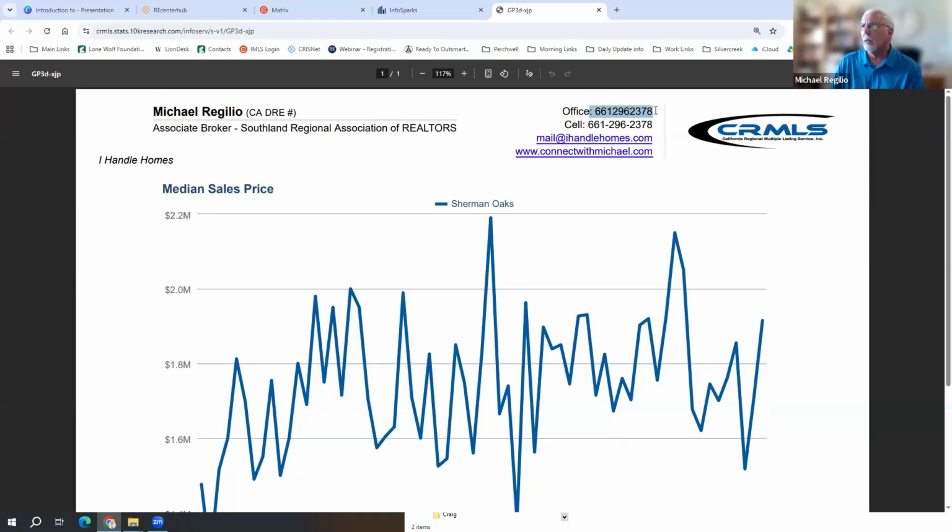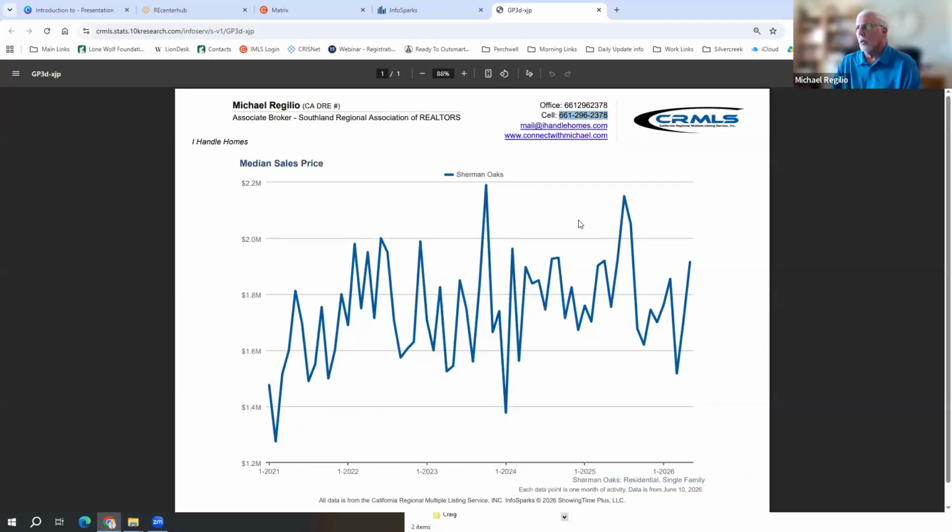The office number is our phone number 1. If you leave it blank and just do phone 2, which is the one I did with the dashes, that'll show up as your cell phone number, and then your email and website. But here's your printed report that you can just print and share and go from there.